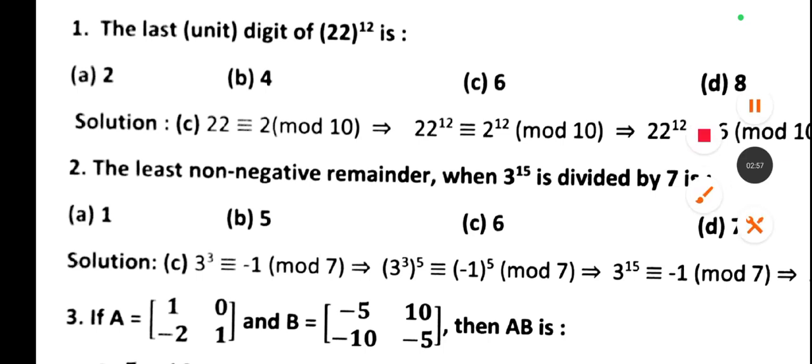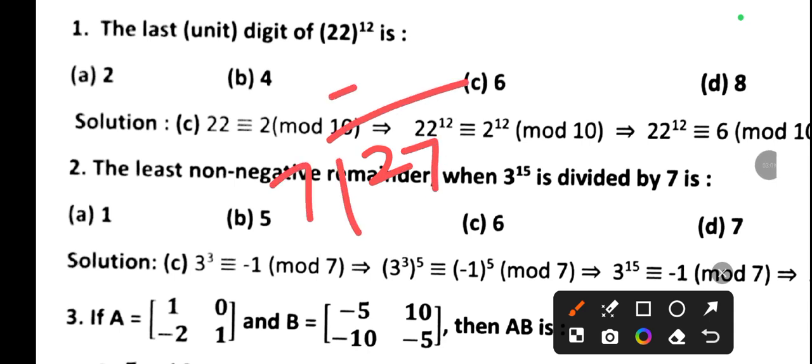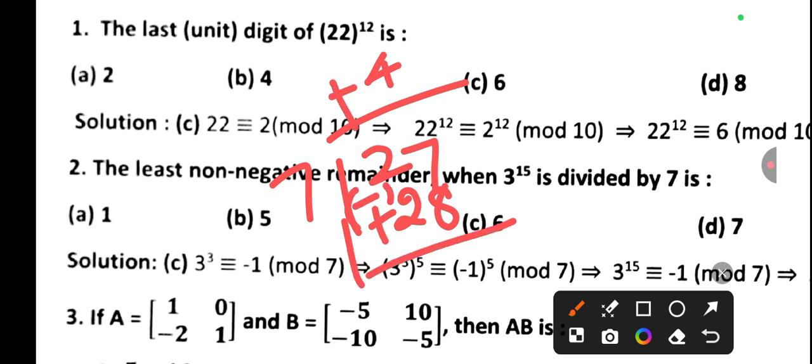We are dividing the same 27 with 7, but taking 7 into plus 4, which is 28. Then do the subtraction and we get the remainder minus 1. 7 fours are 28, but we may get even the remainder minus 1.